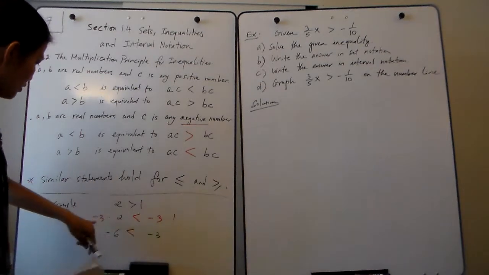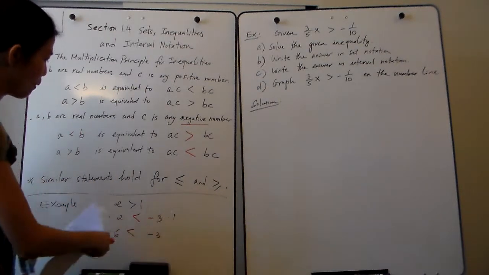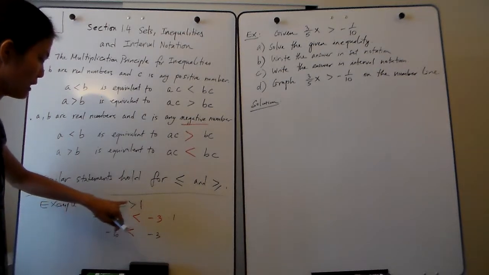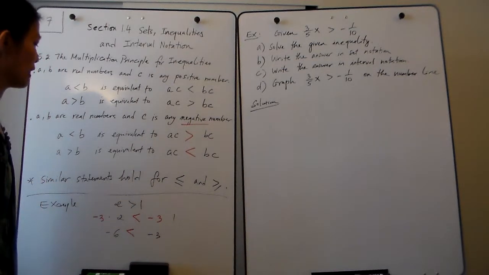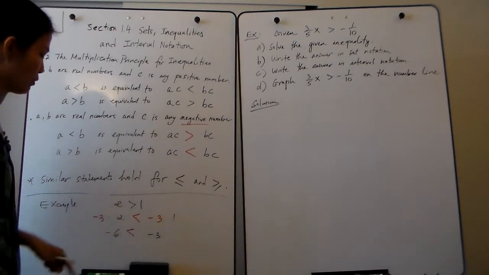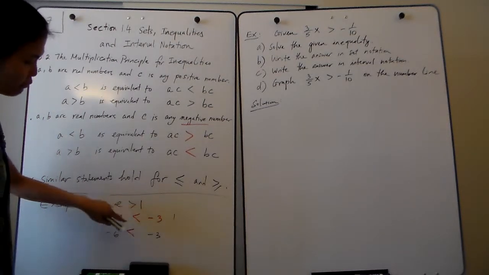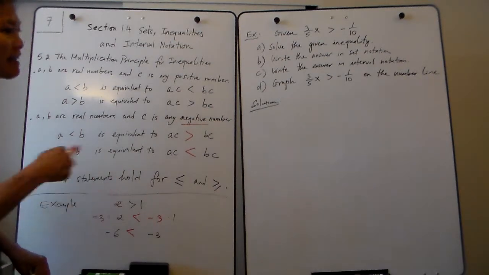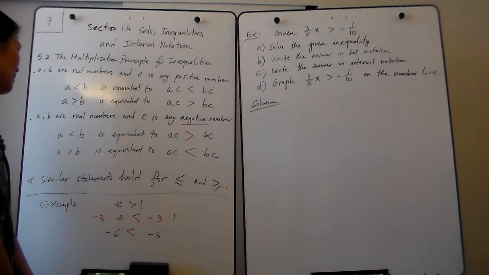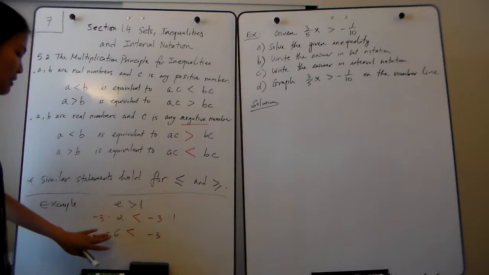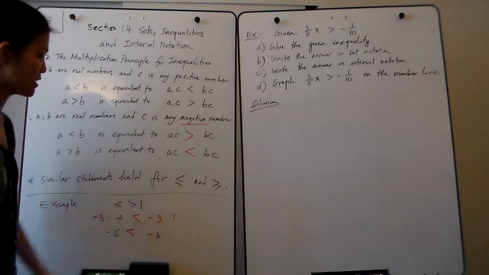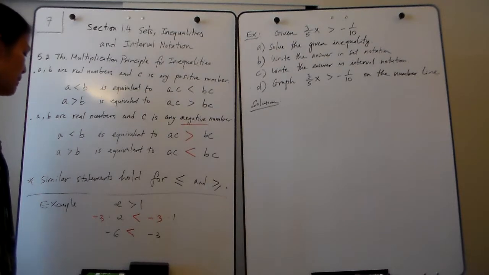If I multiply -3 on both sides, I need to reverse the original inequality: greater than becomes less than. And do you see that this is a true inequality? -6 is guaranteed to be less than -3.